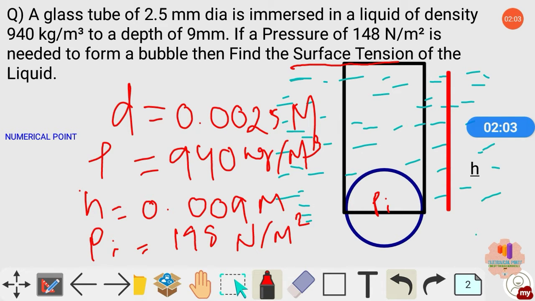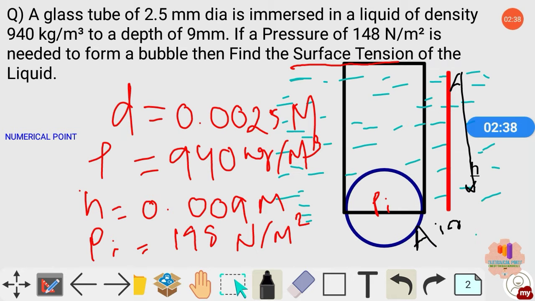So some basic things we need to understand here: if a bubble is forming inside a liquid, then certainly this is an air bubble. The outside pressure of the bubble will be due to this height, that is h, and the liquid above this height will exert some pressure that is equal to the outside pressure.